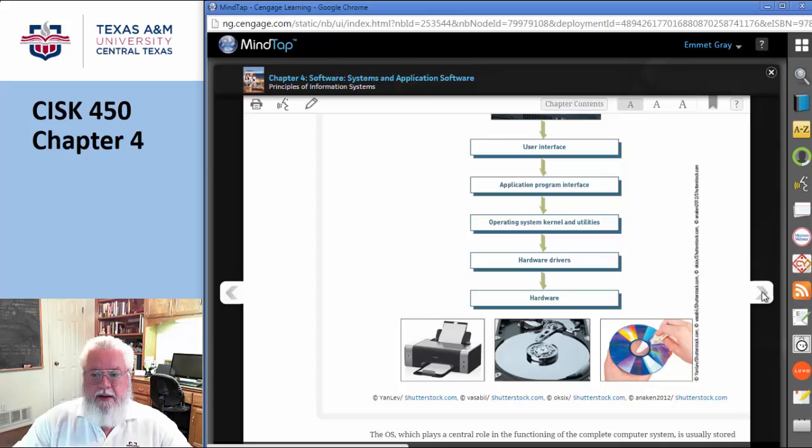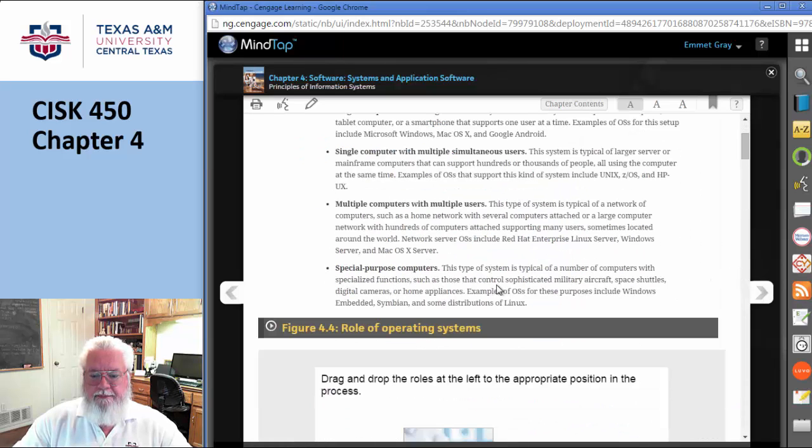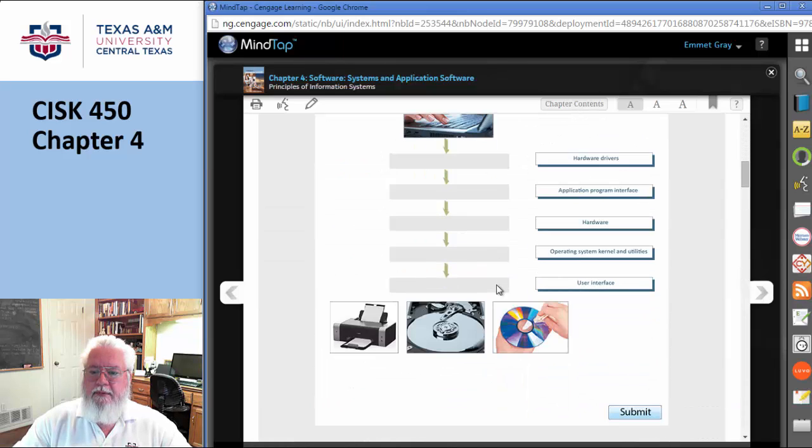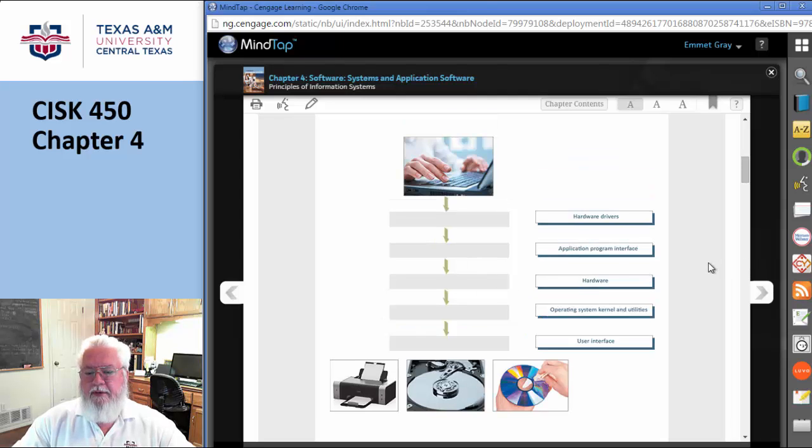This is a good figure in the book because it basically tells you that the user is insulated from the operating system by lots and lots of layers of stuff. Basically, you have to go through a user interface, then an application programming interface, then the operating system, and then drivers.